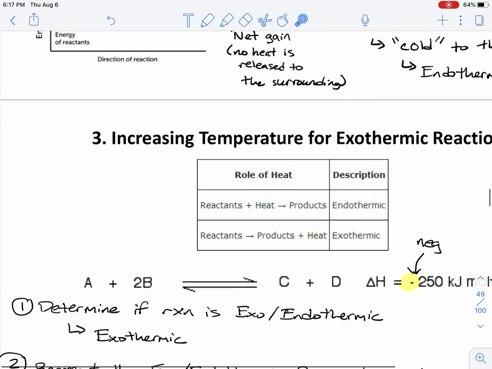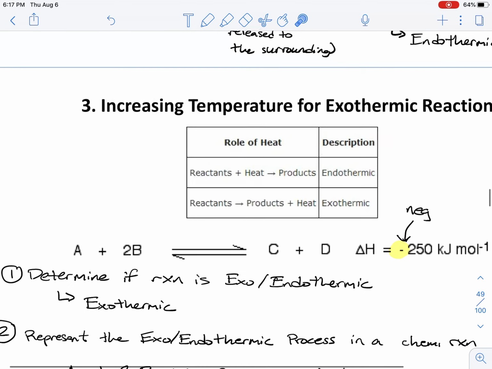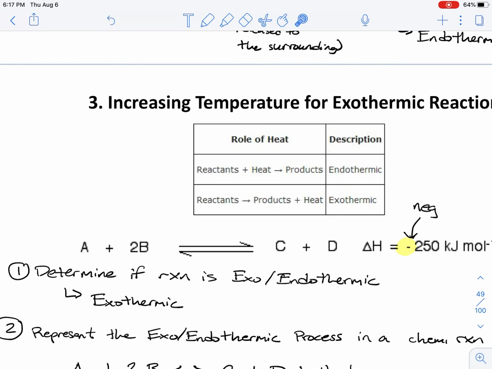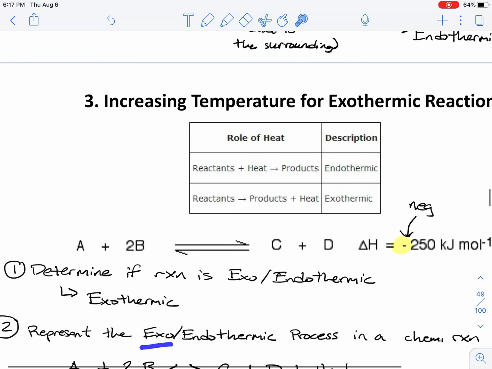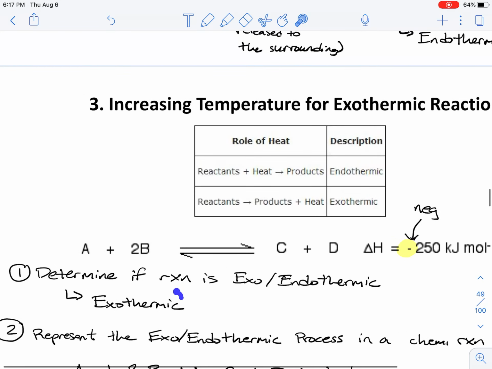Great. So now that we know it's an exothermic reaction, the next step is to represent the exo or endothermic process in a chemical reaction. In other words, we're going to substitute this with heat, either placed on the product side or heat being placed on the reactant side.